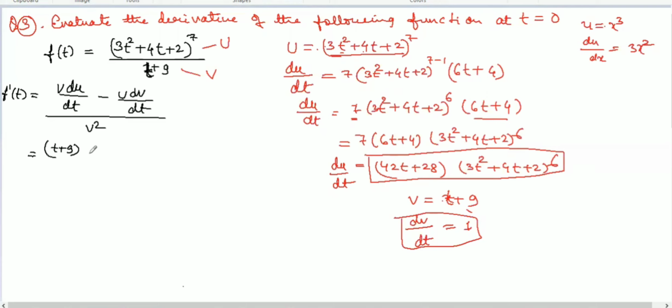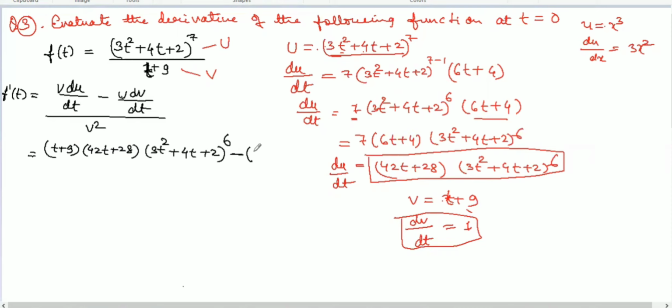So write down here 42 plus 42t plus 28 multiplied by 3t square plus 4t plus 2 all over 6, minus we have u. U is this one, 3t square.